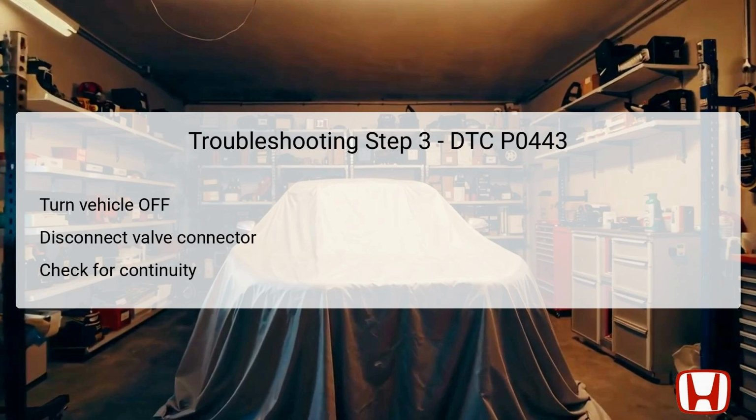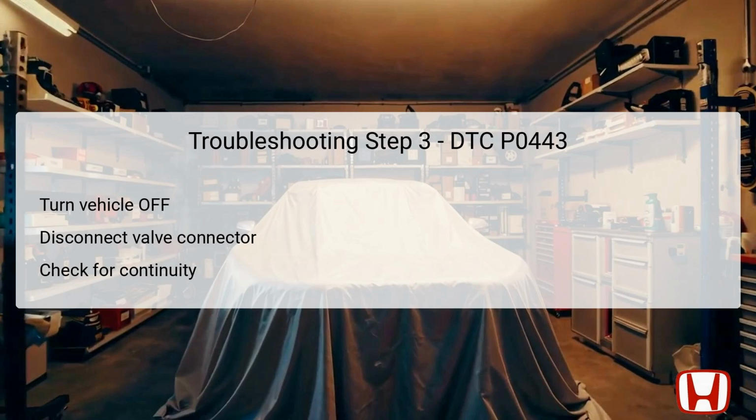Next, disconnect the 2P connector associated with the EVAP Canister Purge valve to isolate it from the system. Using a multimeter, check for electrical continuity between the designated test points. The first point is the number 1 terminal on the EVAP Canister Purge valve's connector, and the second point is body ground.